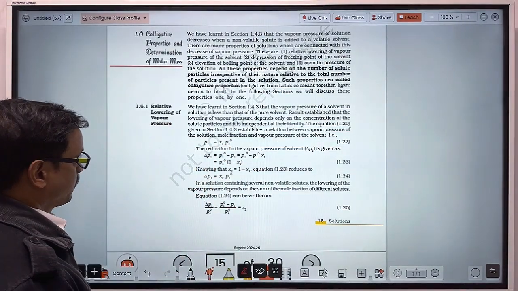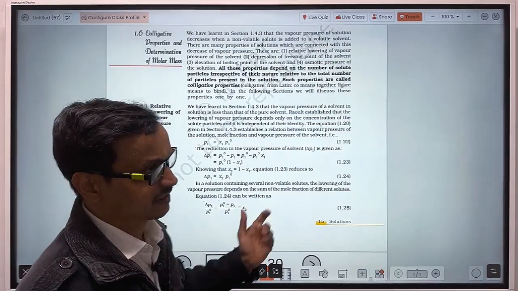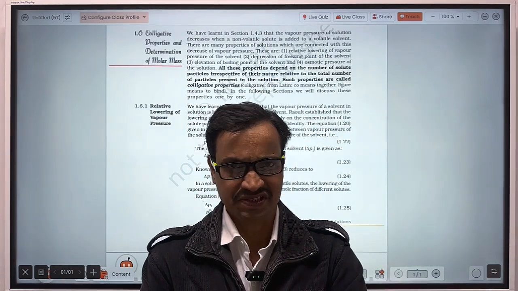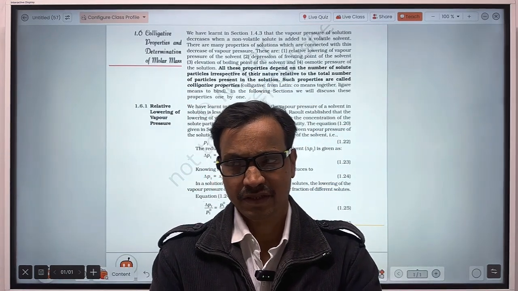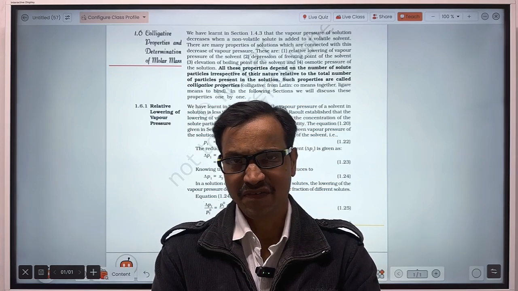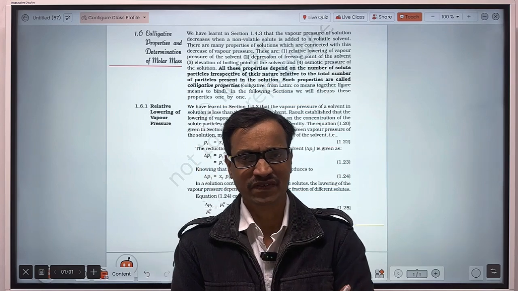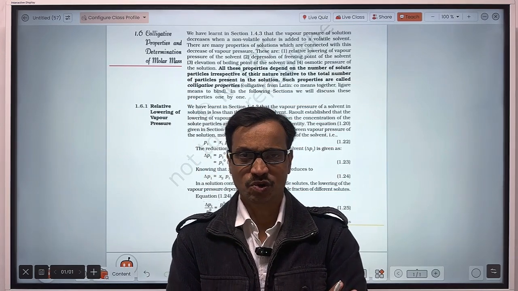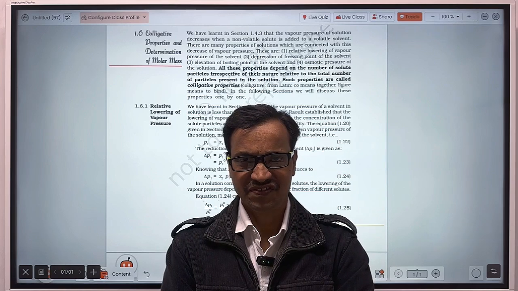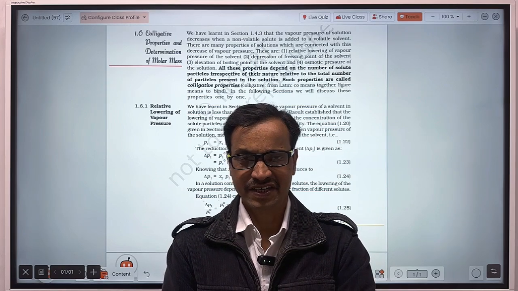Listen here. What is here? Relative lowering of vapor pressure. What's the meaning of this? There is a solvent that will have some vapor pressure. When a solid dissolves in that solvent, the vapor pressure of the solution will decrease.